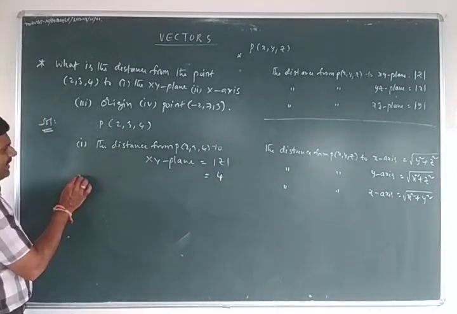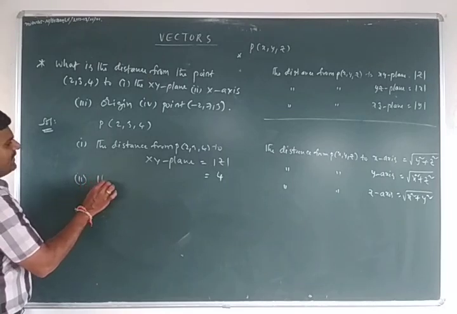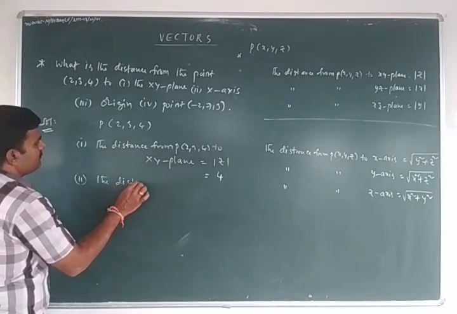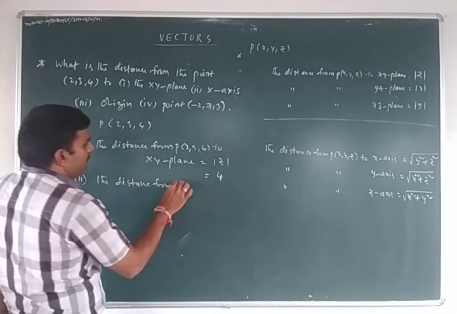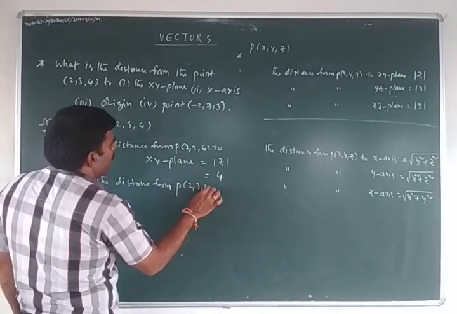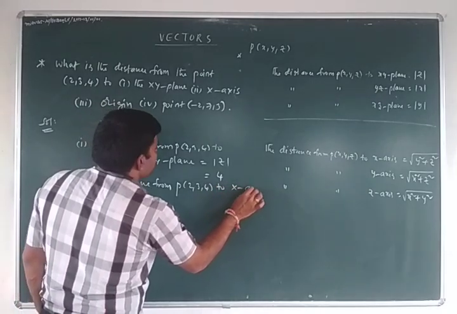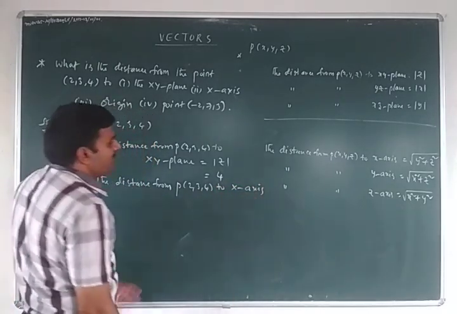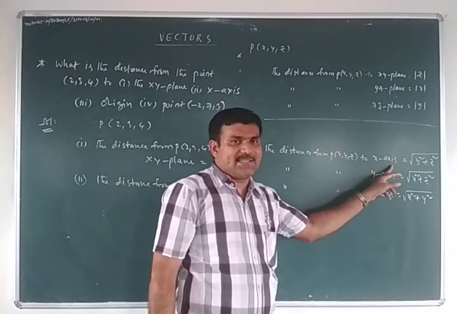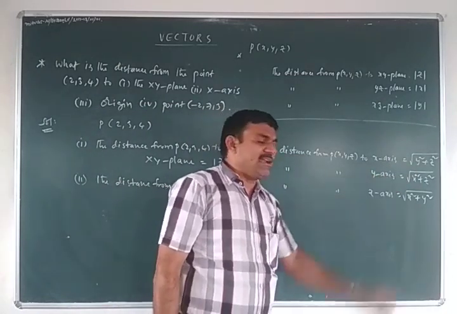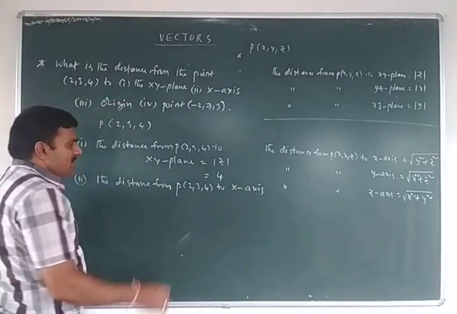And the second bit: the distance from P(2, 3, 4) to the x-axis. For the x-axis, the formula is the distance from a point to the x-axis, which is the square root of y square plus z square.